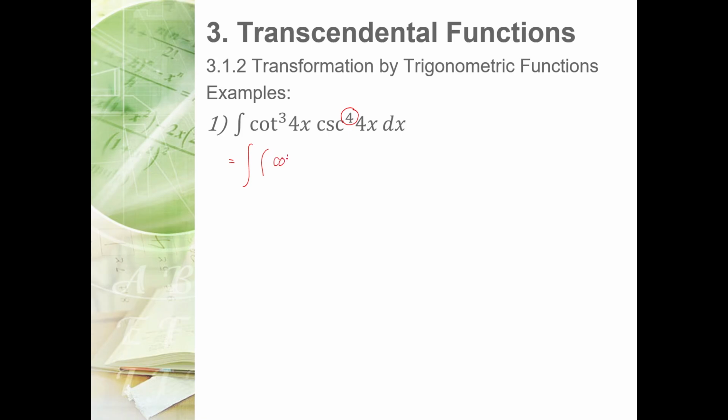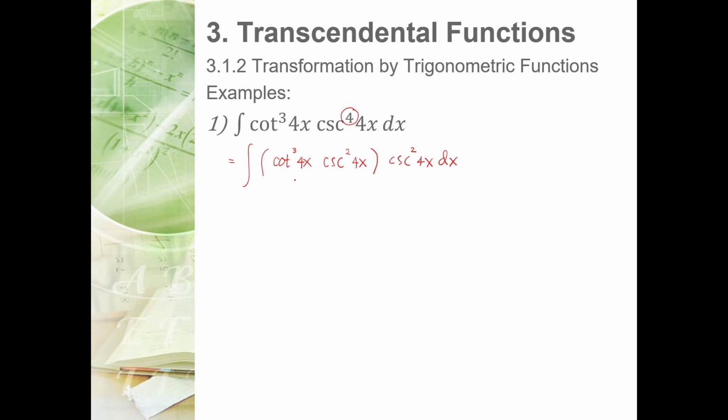So cotangent cubed 4x, and then again getting 2. So this becomes squared 4x. And then again, the outside term is cosecant squared 4x dx. So again, the factored out term will be used later in the u sub technique.